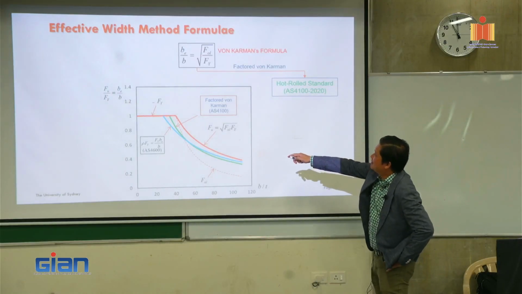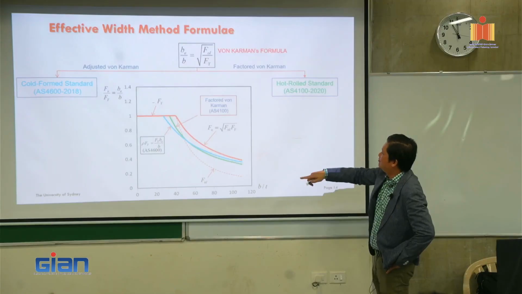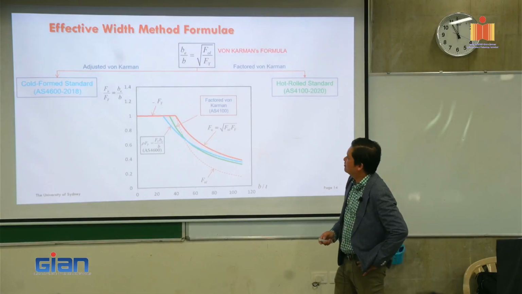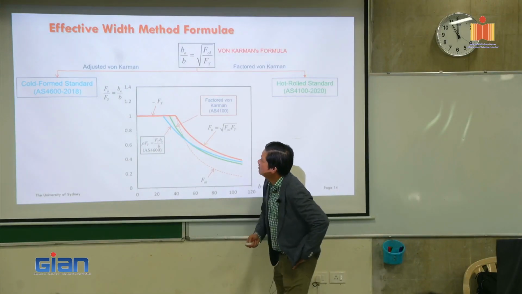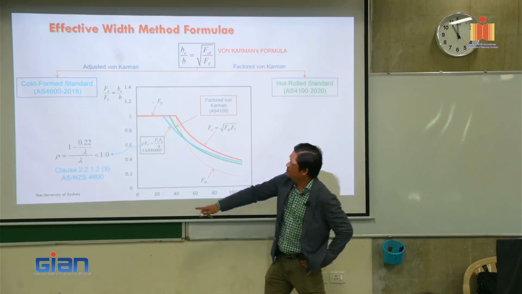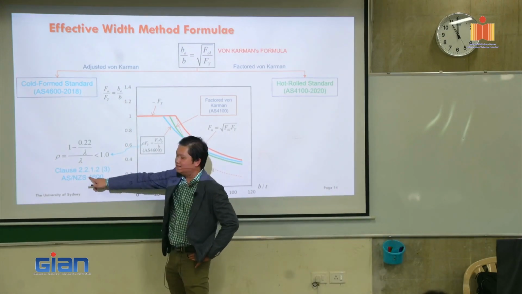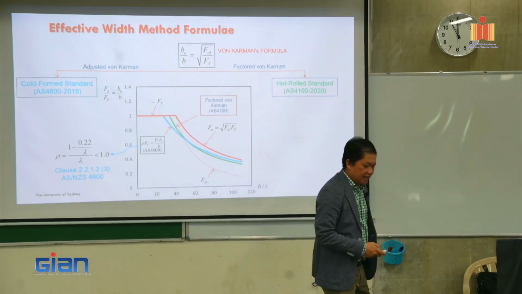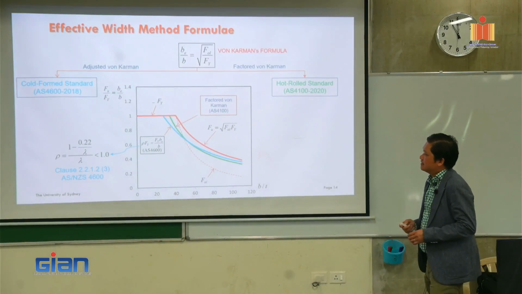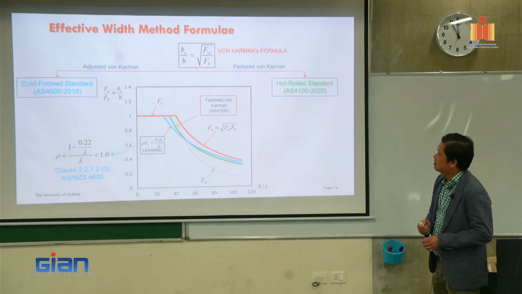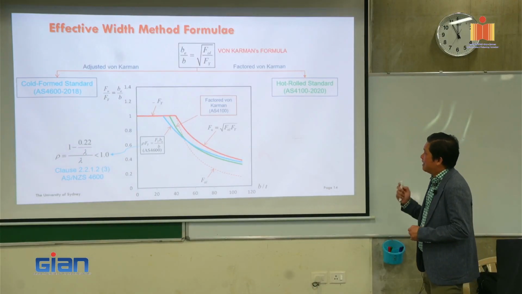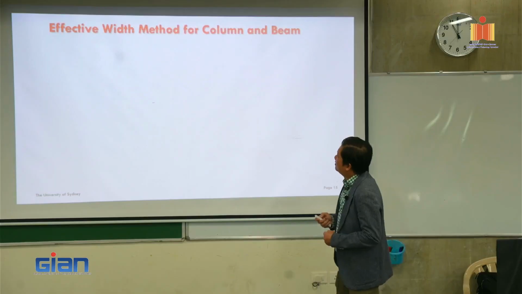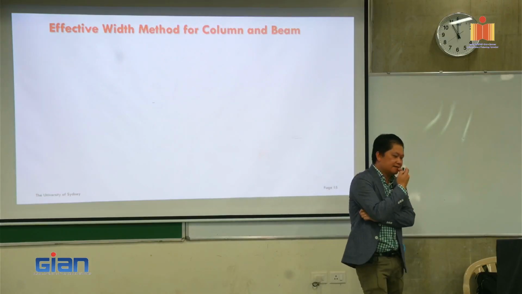Those are two equations from different codes, then we can design for that. Basically that equation is on clause 1.2.2.1.2 in AS/NZS 4600. Right, so that is the background and how we got those in the standard.